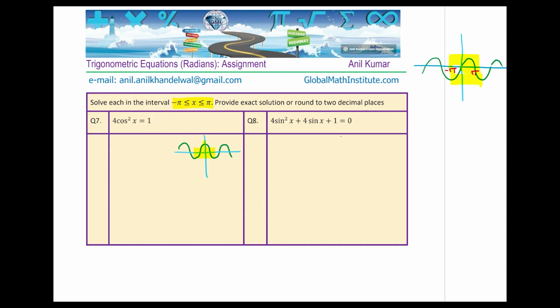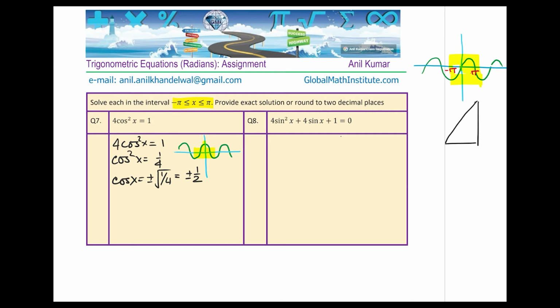Now let's try to solve. The question is 4 cos square x equals 1. Cos square x is 1 by 4. So cos x will be plus minus square root of 1 by 4, which is plus minus half. Since it is plus minus half, we are reminded of our special triangle.